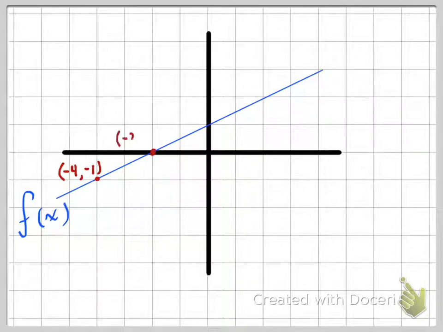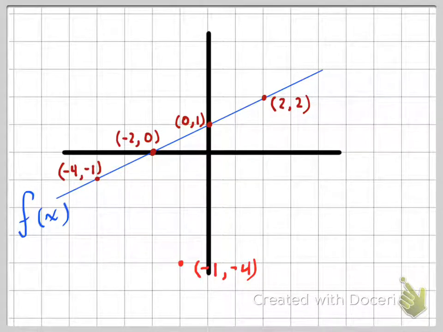And there's lots more points, obviously. Negative 2 got turned into a 0, or the input of 0 got turned into a positive 1. And then there's a 2, 2 up there. Okay? So if the inverse of f takes that output and turns it back into the original input, that would mean the point negative 1, negative 4 is on the inverse of f.